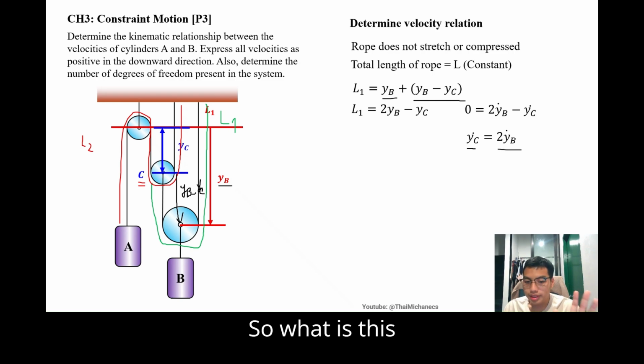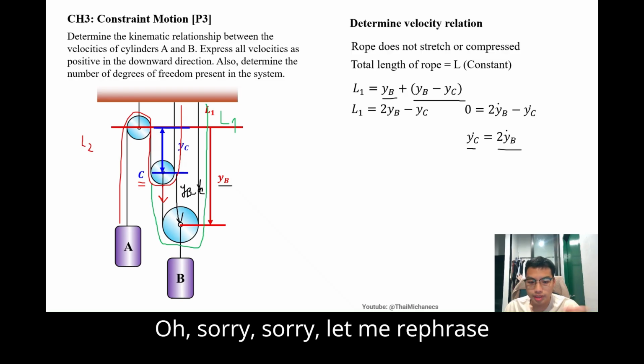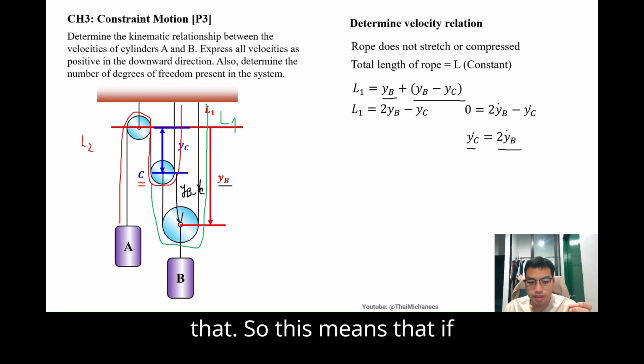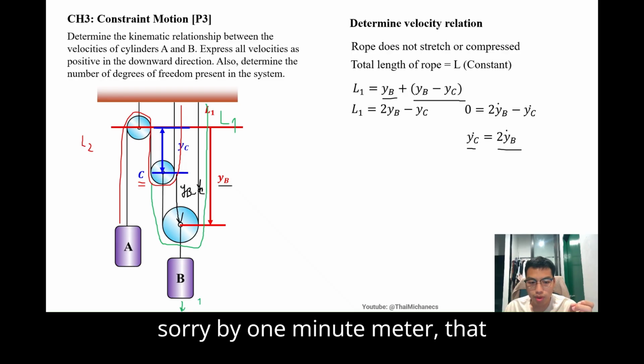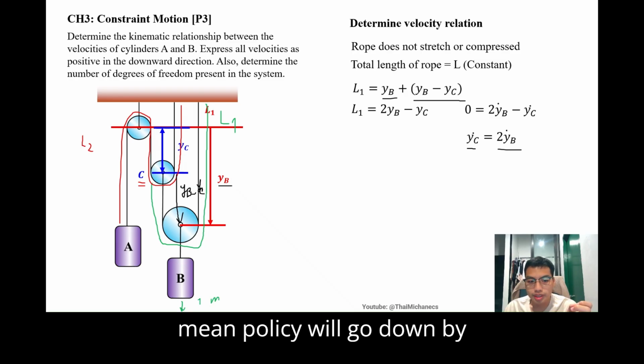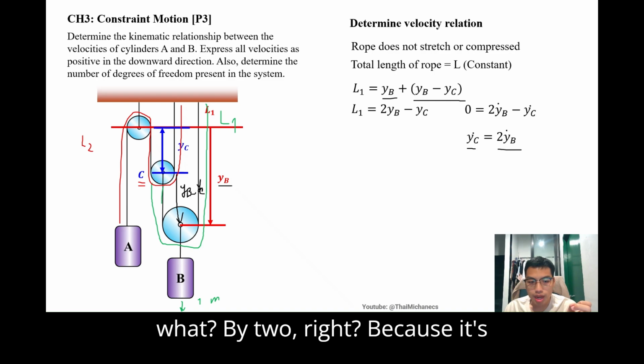So what this physically means is that if we move B down by 1 meter, pulley C will go down by what?